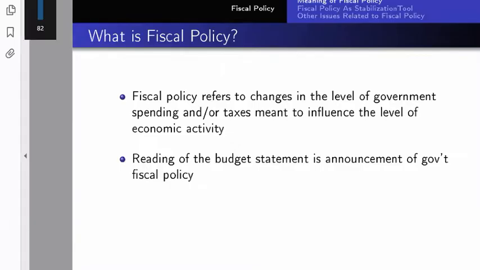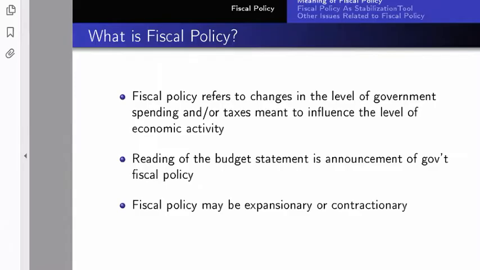So we tend to hear that the recent finance minister, anytime he presents the budget, people are looking at this nuisance tax and the ones that have been cancelled. That's all fiscal policy is about. How does the government generate its money, and how do they spend their money. All right.